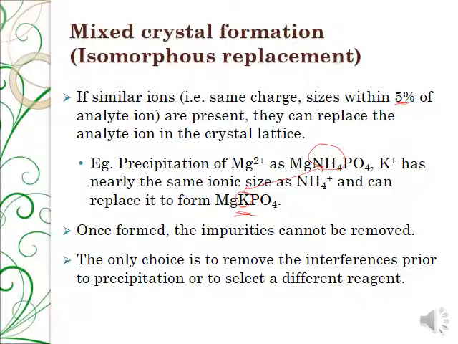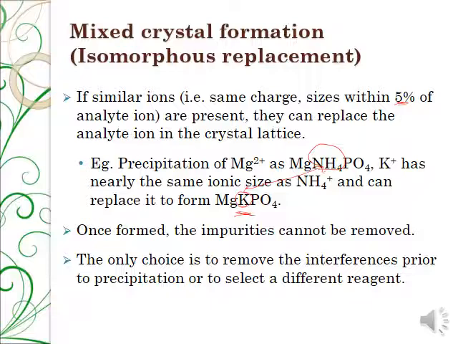Once the impurity of mixed crystal formation has been formed, it cannot be removed. The only choice to remove this type of interference is before the precipitation process even begins, before step 2.